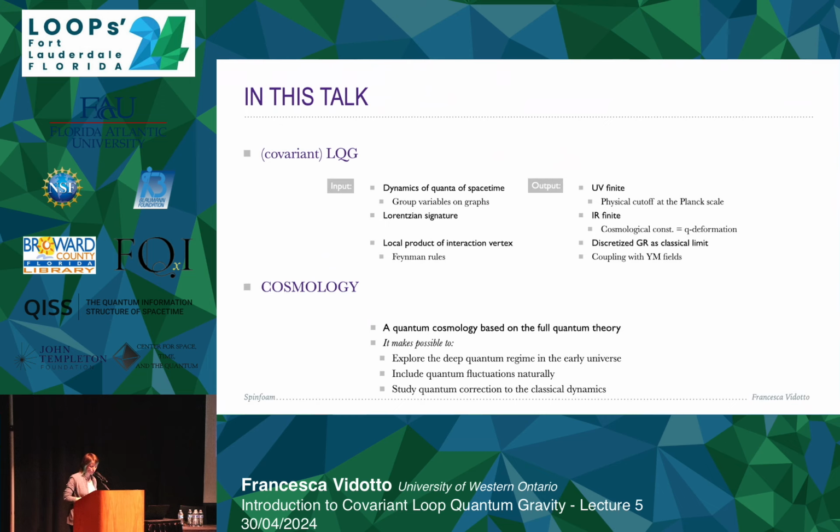So we can use the full techniques, the full results that we got from covariant loop quantum gravity in order to study cosmology. This morning I told you about the possibility to discuss a singularity resolution in this context. But in general, the advantage of going through this procedure is the fact that since we are in a full theory, we are not taking any approximation.